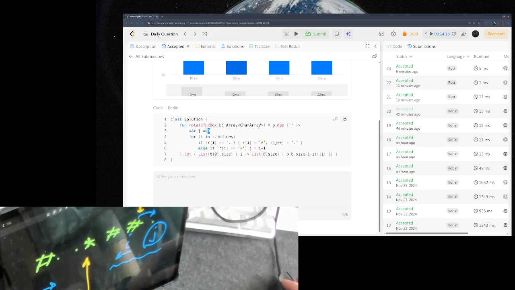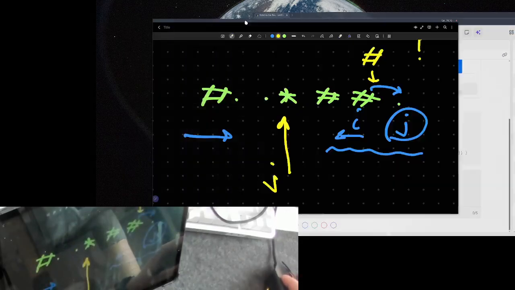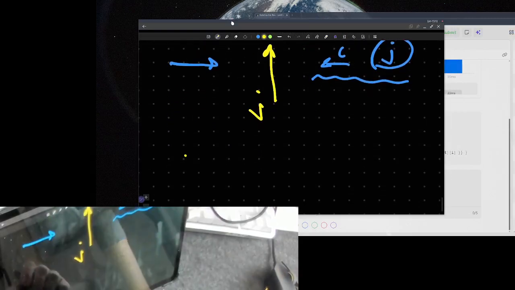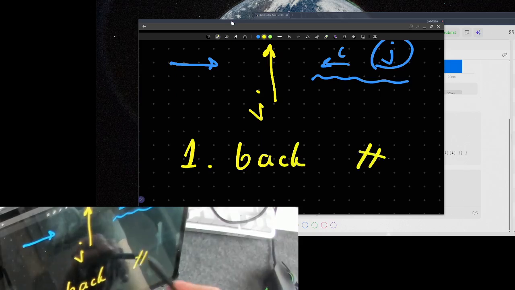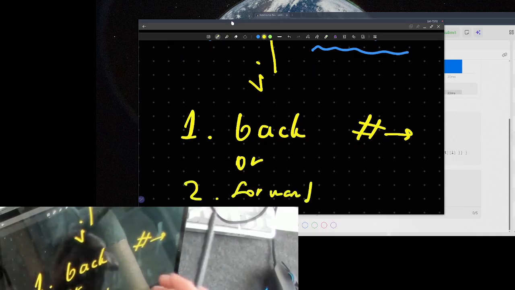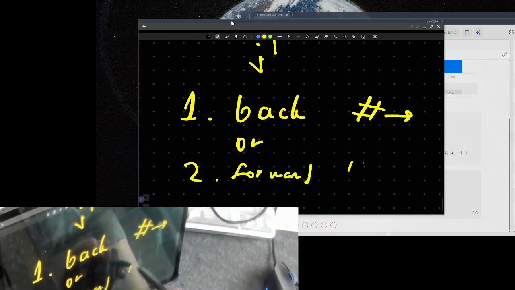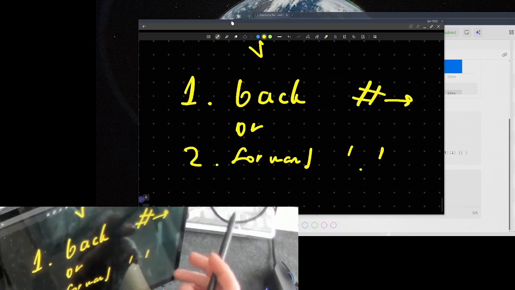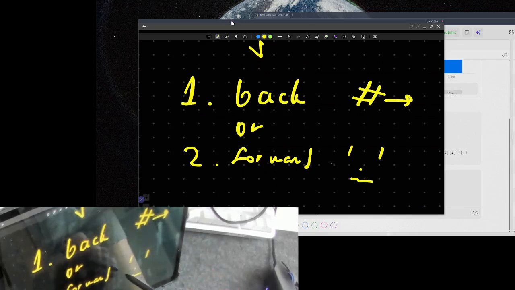I also rotated this problem from making the hashbang fall, so you can iterate back, which means your hashbangs fall to the right, or you can iterate forward, and this is actually a nice idea, and that means your dots bubble to the left.